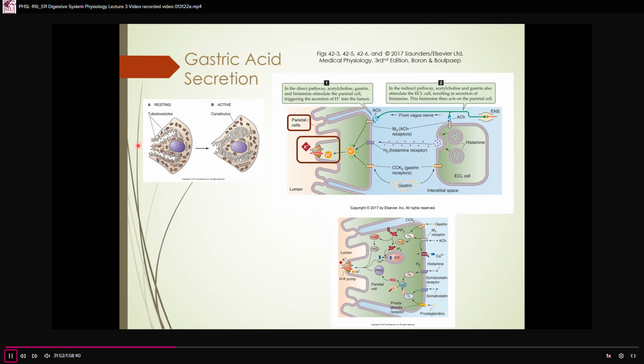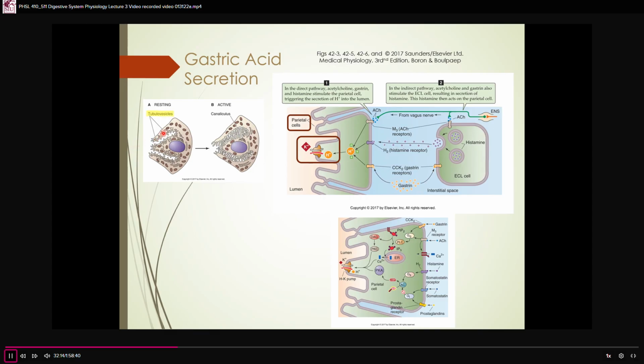They also have these long invaginations along their apical surface that form what we call canaliculi. Each one is a canaliculus, or collectively they would be canaliculi. And these big, deep channels that invaginate deep into the body of the cell are continuous out here with the lumen of the stomach.